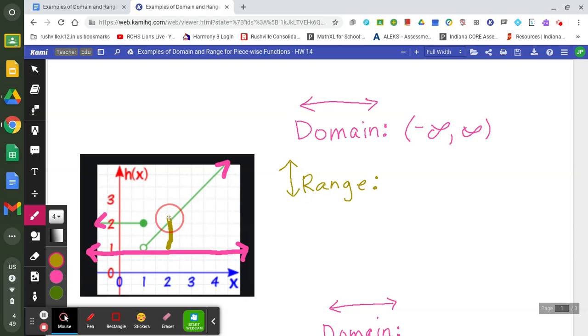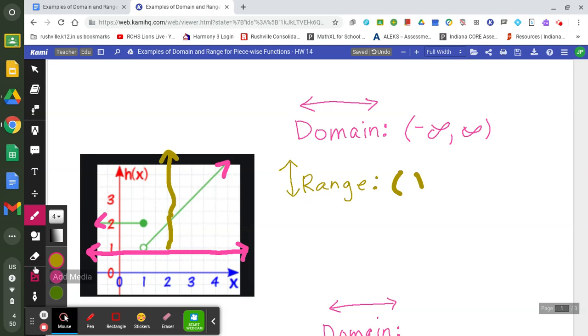Those are covered, and then this graph will go up and up forever. So the range is not infinite because this arrow doesn't go down, and it does not include this point because this point is open. So the lowest that these two green graphs go is +1, but it doesn't include +1.